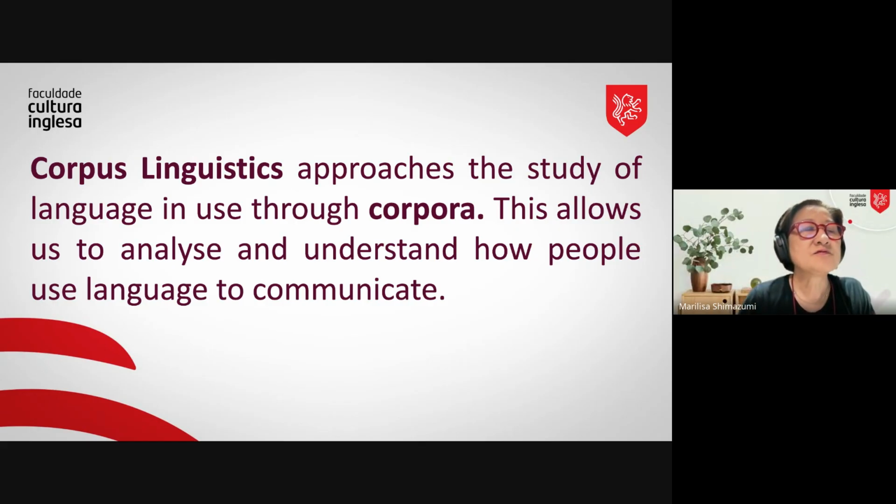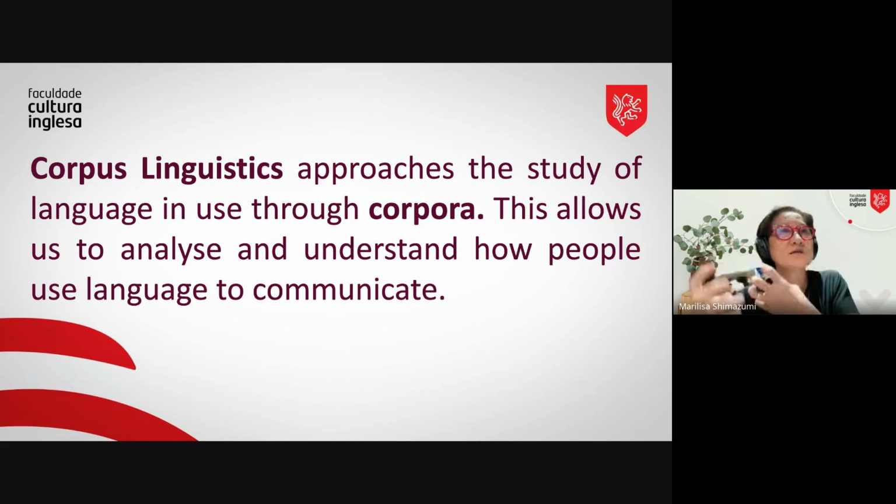Via corpus linguistics, it allows us to analyze and understand how people use language to communicate. So you can study a learner corpus, and you can notice the most typical hiccups in particular learners, and then devise some materials to help them learn better.